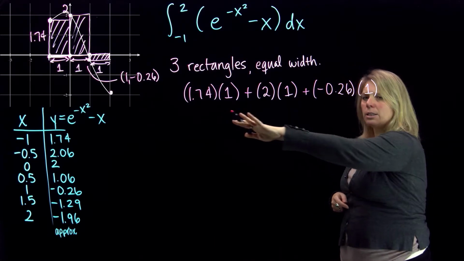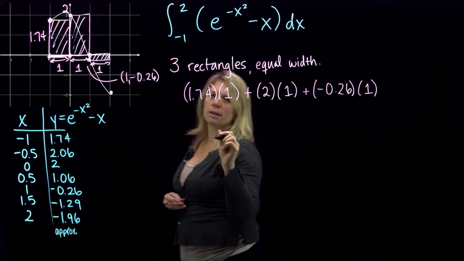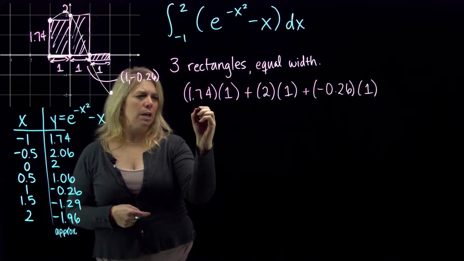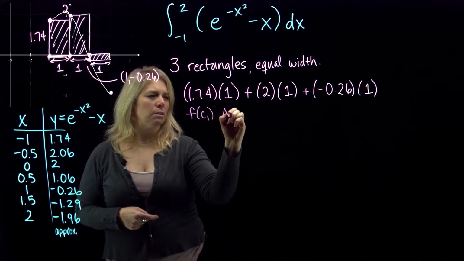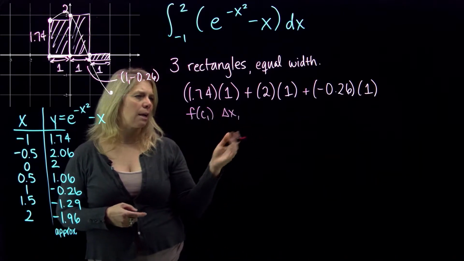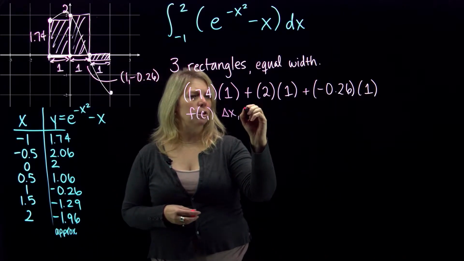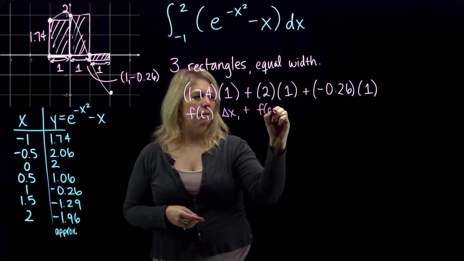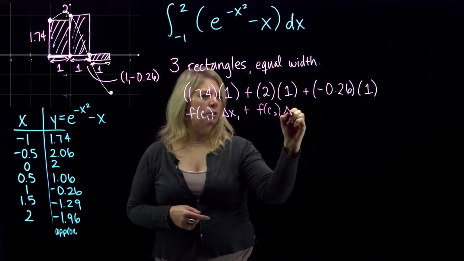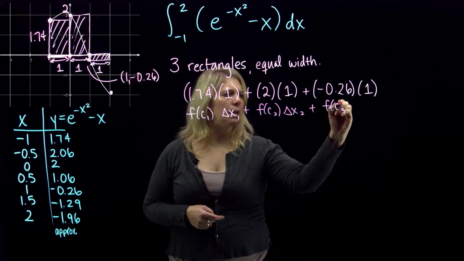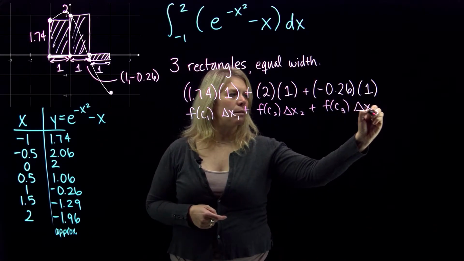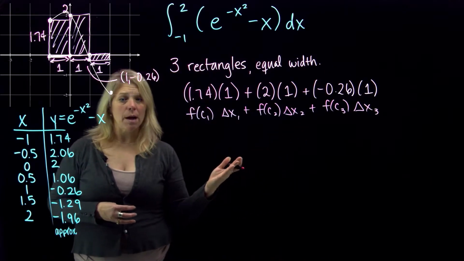All right, so for each of these things that I have here in this product, we've got a function output, f of c1, times a delta x1. All our delta x's are the same. f of c2 times delta x2. And f of c3 times delta x3. Right, so this is really just a Riemann sum.